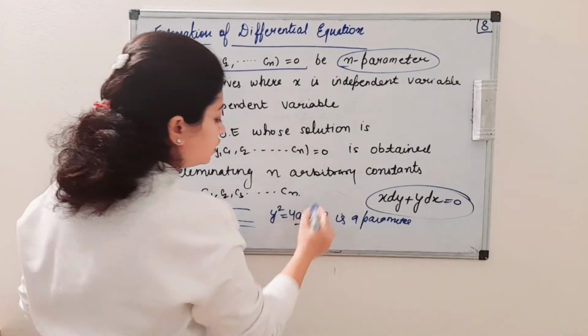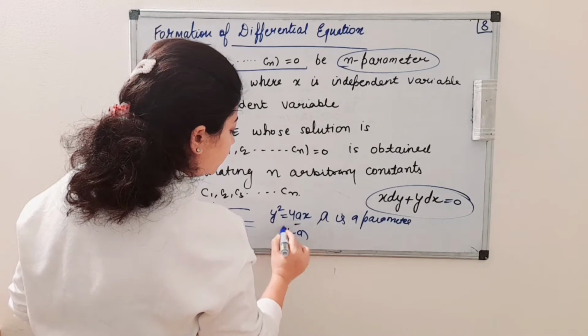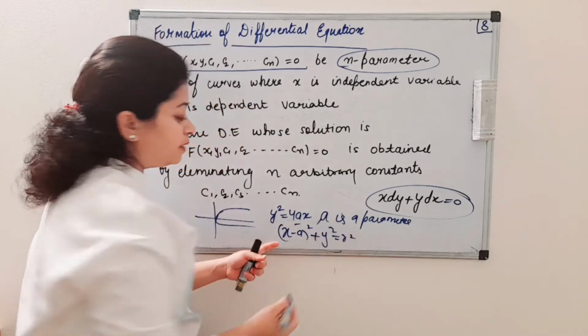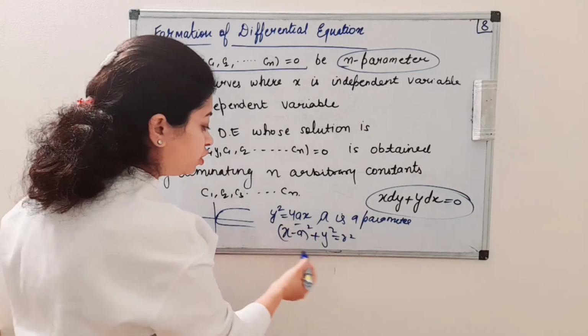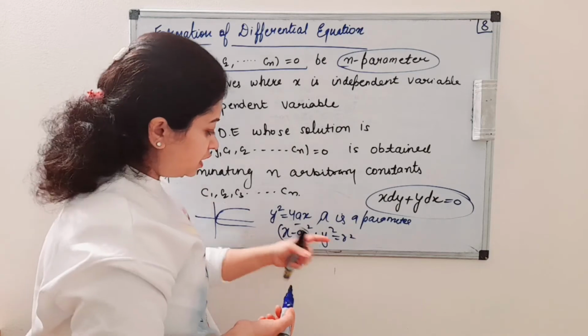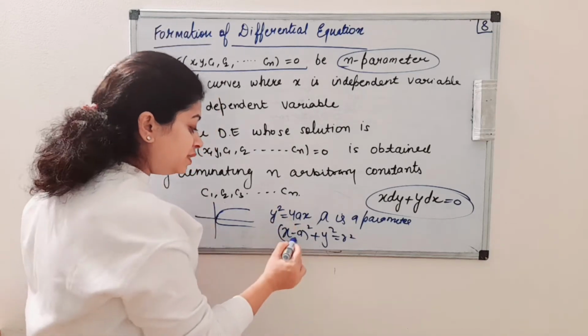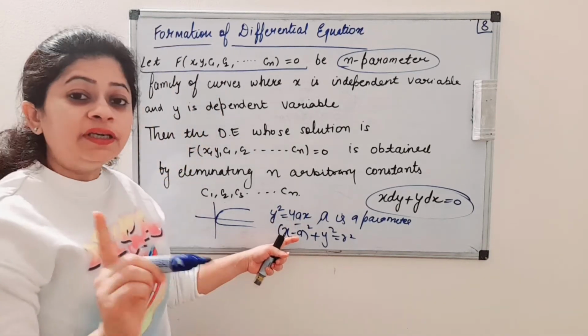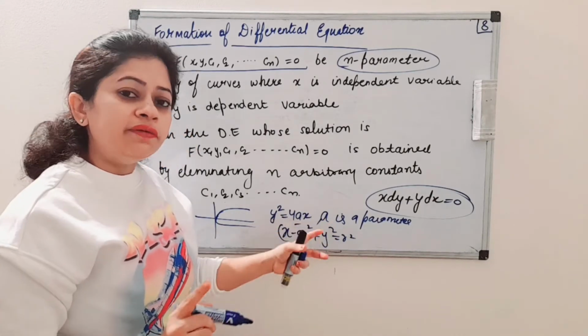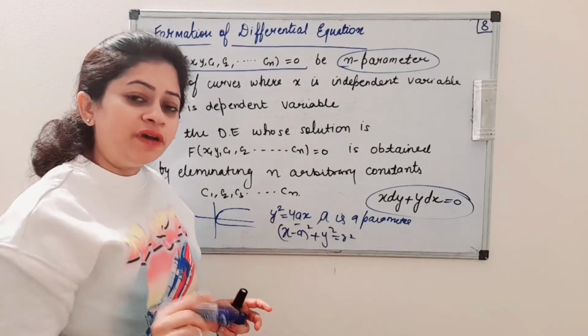Suppose we have a circle like x minus a whole square plus y square equal to r square where a is a parameter. This is the equation of a circle where the center is on the x-axis, at (a, 0). So these are one parameter families of curves, those curves in which we have only one parameter.